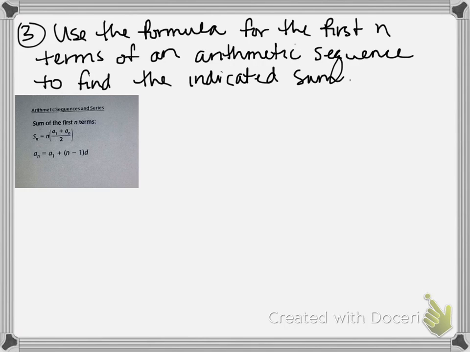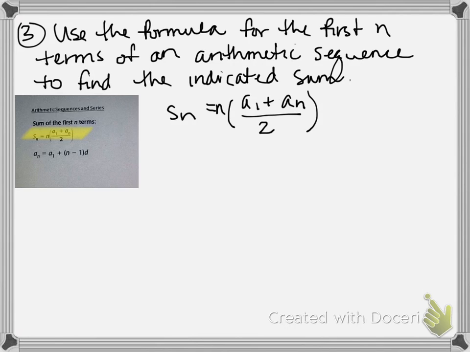Okay, here's my formulas from my formula sheet, and I can see the sum of the first n terms. The formula I'm going to use is s sub n equals a sub 1 plus a sub n all over 2, times n. Okay?